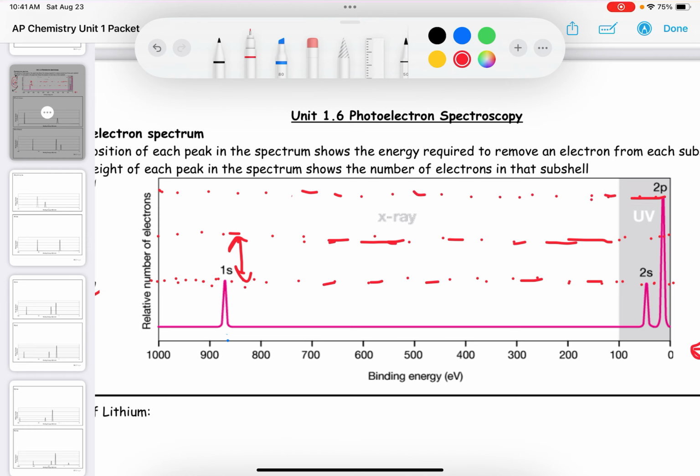So we have 2 electrons, 2 electrons, and 2 electrons. So this peak over here, that must be 6 electrons in that sub-level. Great.